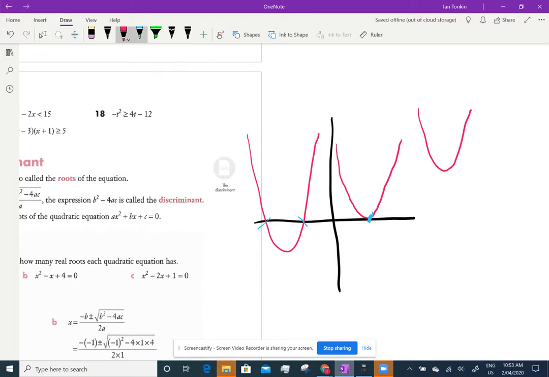So this one has two real roots. This is a double root. And this has two unreal or imaginary roots.